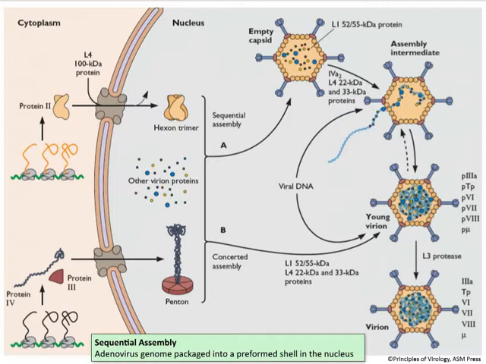And this is a mechanism whereby the DNA and the capsid form together. We'll see another example of this in a moment with influenza virus. So in other words, you don't make a capsid and put the DNA in it. That would be sequential. Concerted is when everything assembles all at once from the components. The DNA and the capsid all combine together to form the virion.